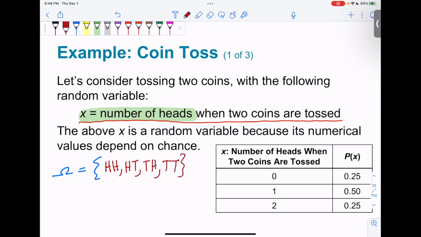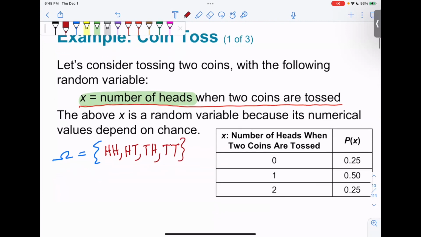So now they said what? Number of heads. So let's see. The first one, how many heads do we have here? 2. And then here, how many heads do we have? 1 here, 1 here, 0. Okay?